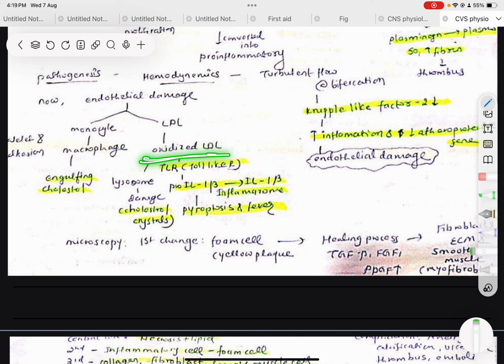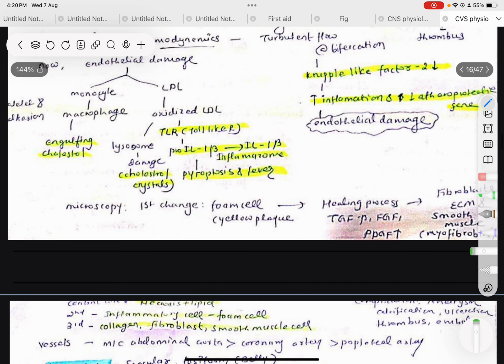So this interleukin 1 is getting activated and there will be fever. Now this oxidized lipoprotein will also cause lysosomal damage in the form of cholesterol crystals. I mean, it will stimulate the lysosome, that's why damage will happen.